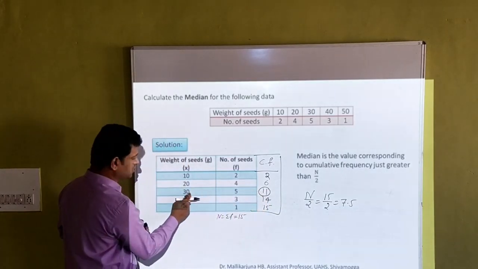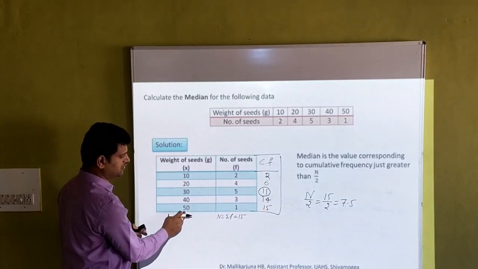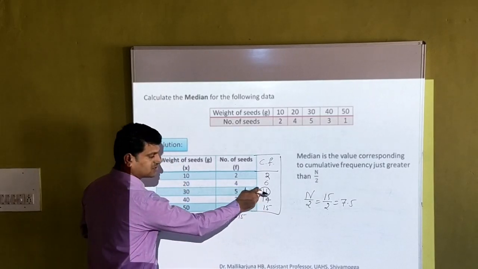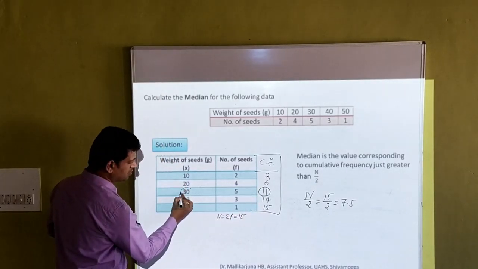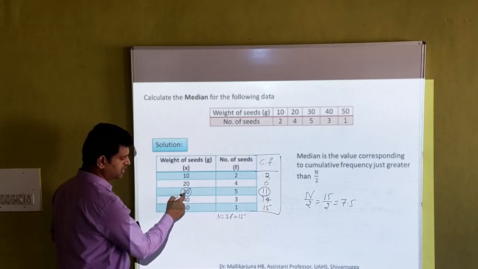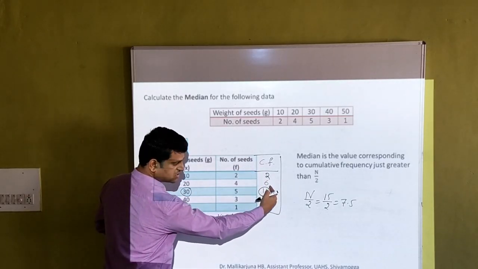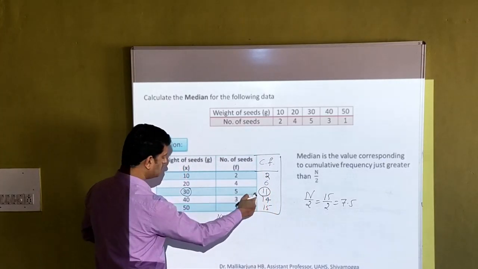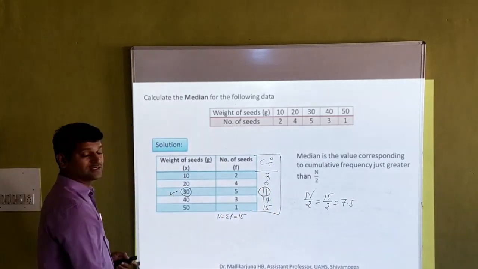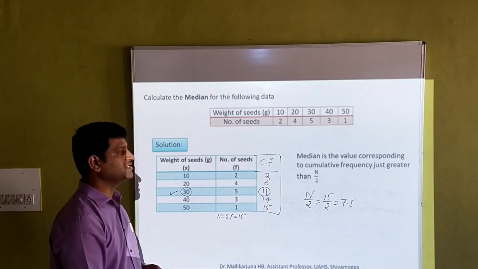So corresponding to this, don't write median is 11. Median is 30. The median is the value which corresponds to cumulative frequency just greater than 7.5, which is this one. So hence median is 30.